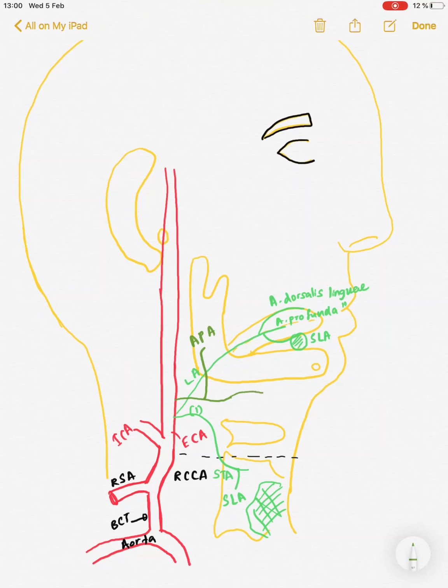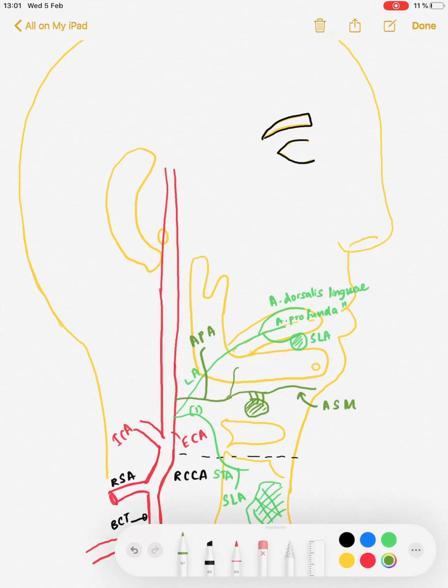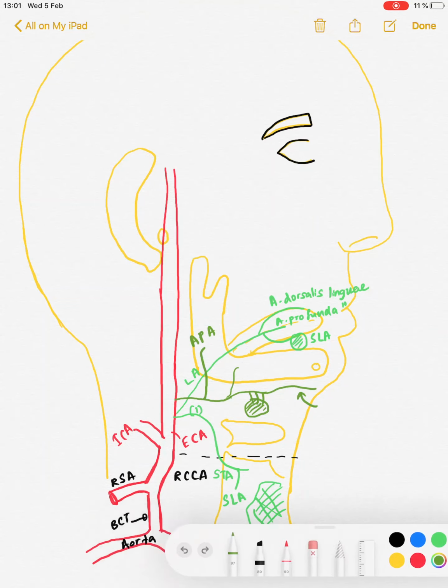Then on its way it will give branches to the submandibular glands, which you can call rami glandularis. It will also give blood supply to the tonsil, the ramus tonsillaris, which are very small branches. Then it will give the submental artery. I will write arteria submentalis, or the submental artery, SMA.